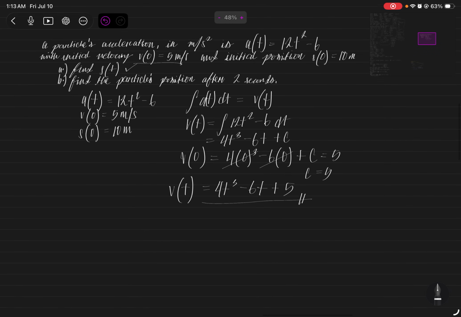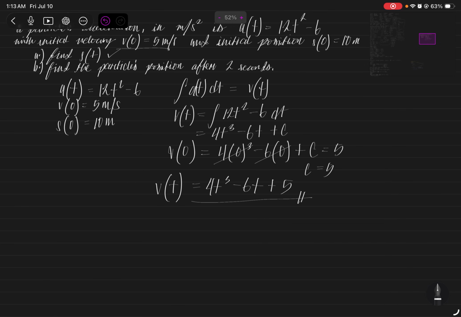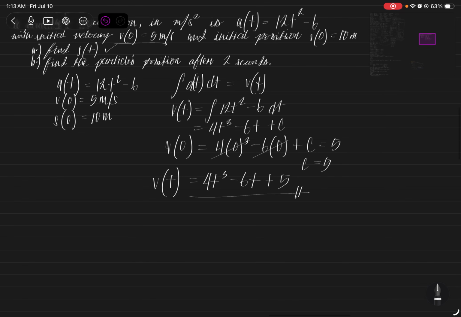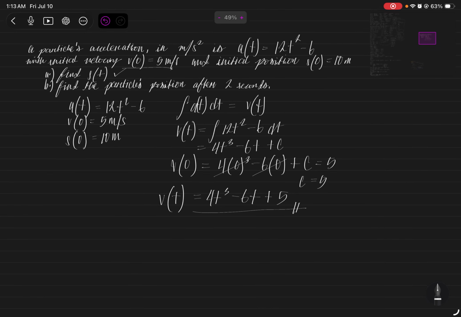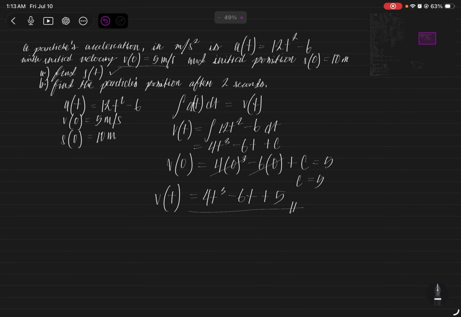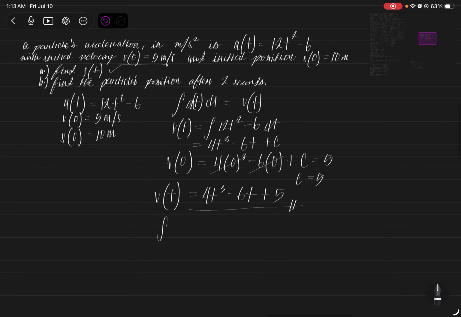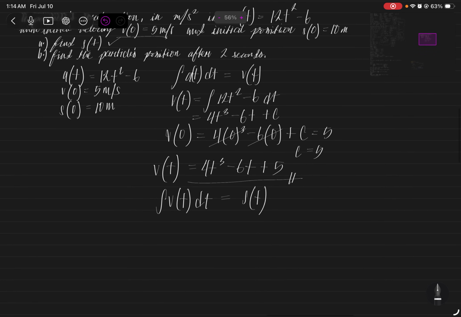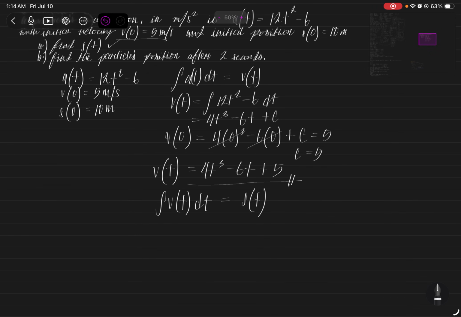We need to find the s of t, which is the position. Now, if the integral of acceleration is the velocity, then the integral of the velocity is the position. Again, the integral of the acceleration is the velocity, and the integral of the velocity is the position.